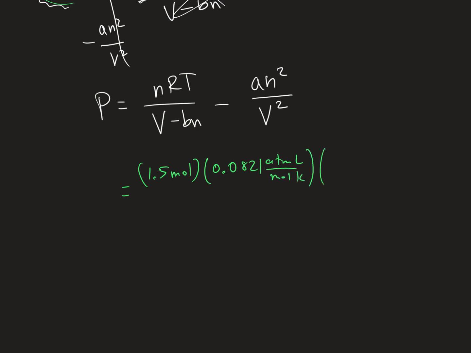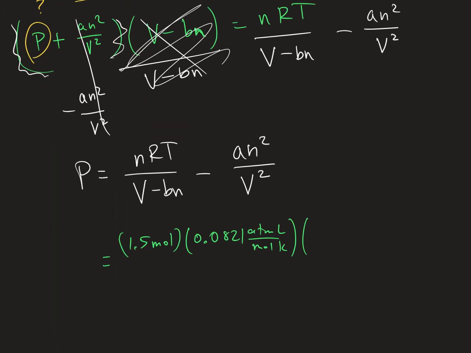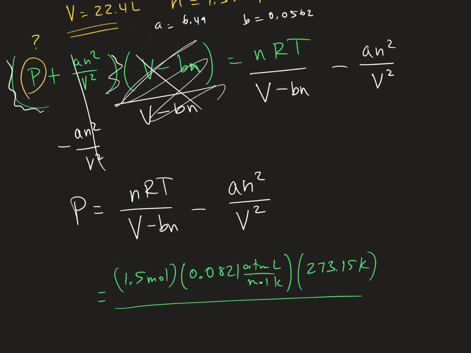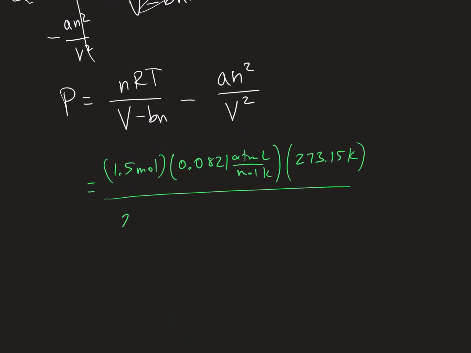And temperature is 273.15 Kelvin, divided by our volume, 22.4 liters, minus our B, which is 0.056 times the number of moles, which is 1.5 moles.